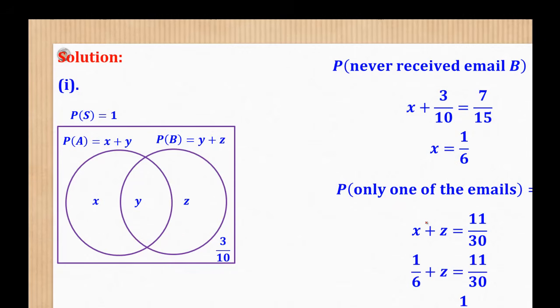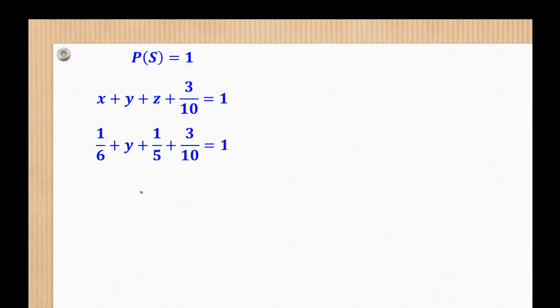Okay. Remember in the question, they want us to get the value of Y. So I come and say that since total probability is 1, I'll add everything and equate to 1. So everything gives you this. There will be one unknown after substituting for X and for Z. So Y will be equal to 1 over 3.